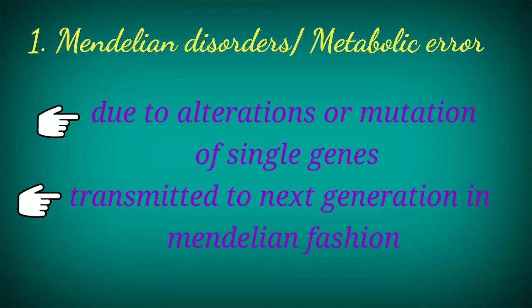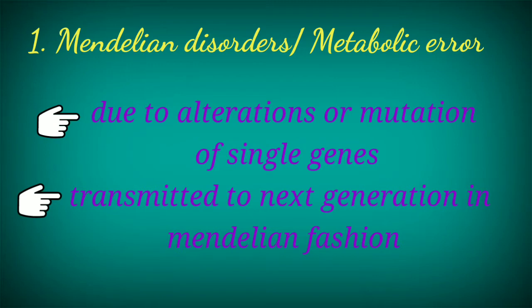And if a Mendelian disorder takes place in one generation, then it is transmitted from generation to generation by the law of Mendelian inheritance pattern. Therefore, this is called Mendelian disorder.